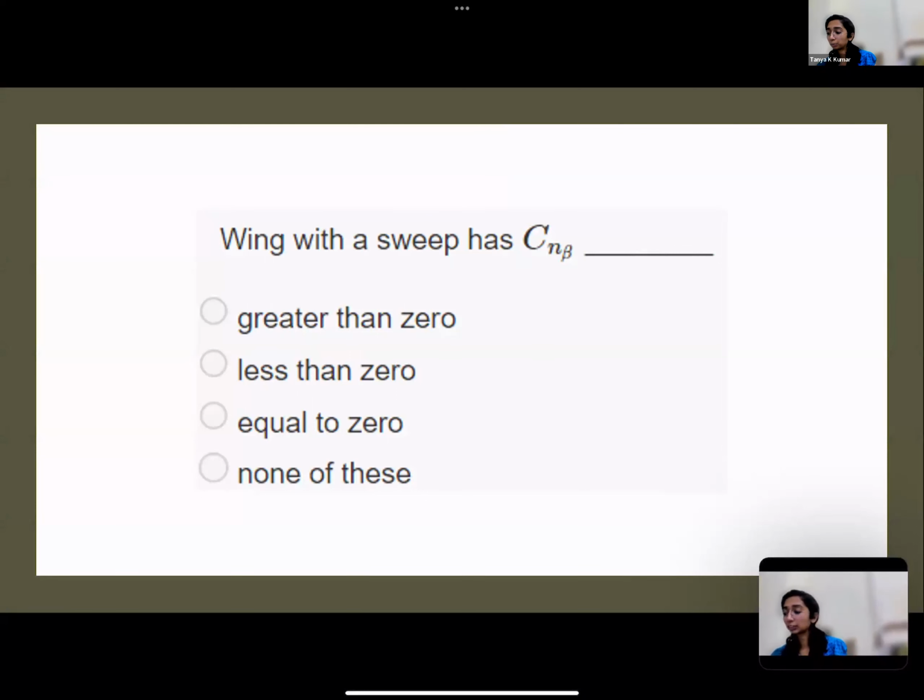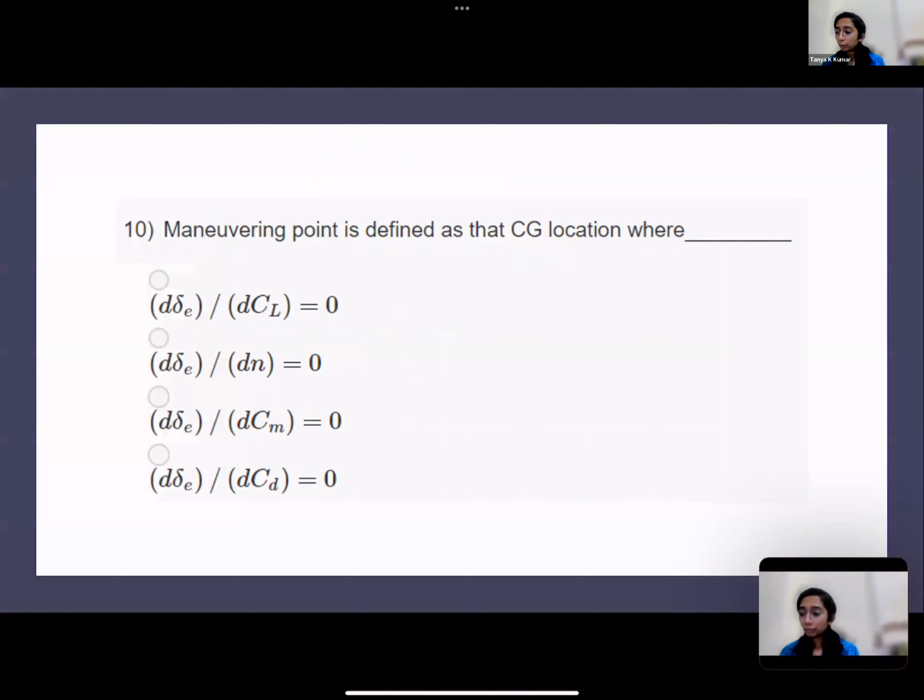Positive beta gives positive or negative yaw? Cn beta is dCn by d beta. Positive beta gives positive yaw, so this should be greater than zero. Correct.